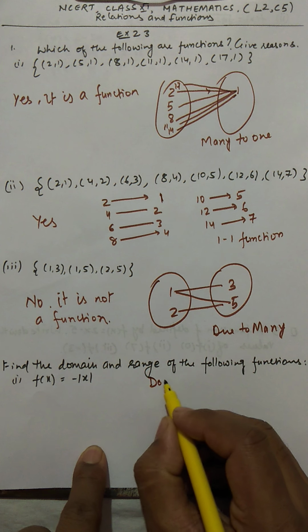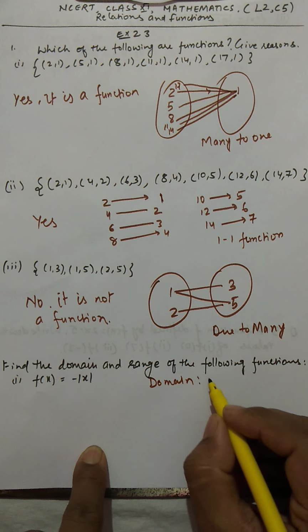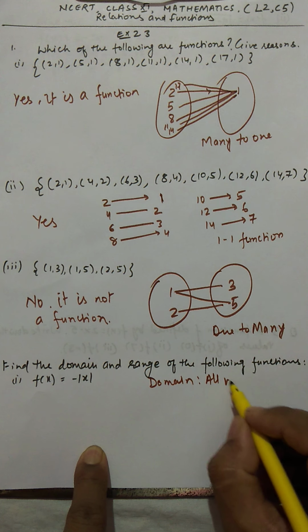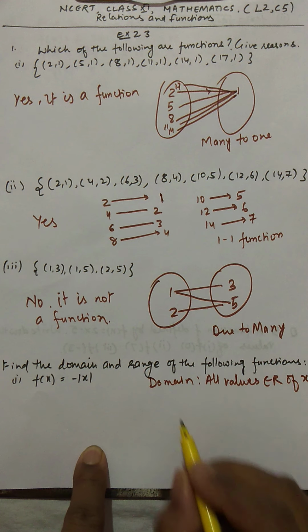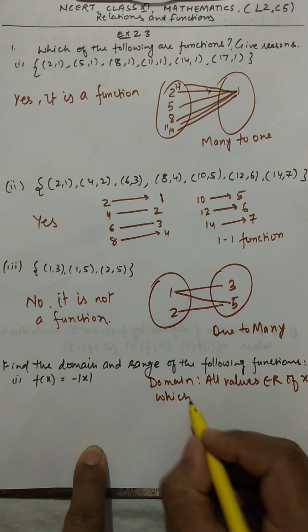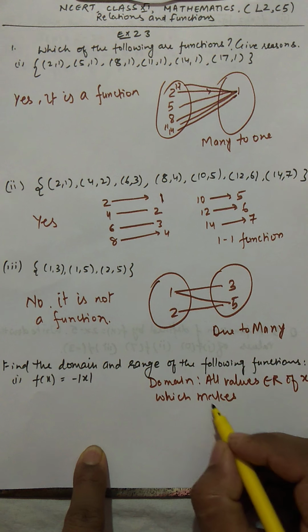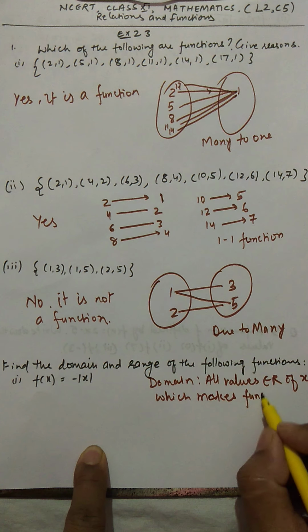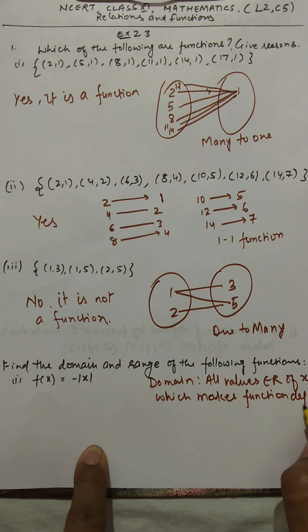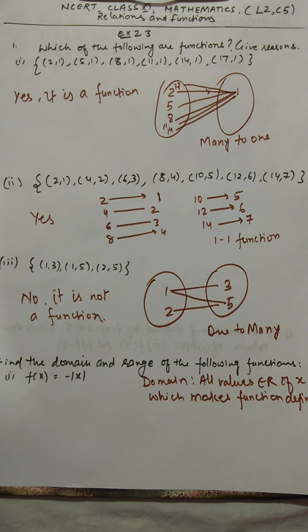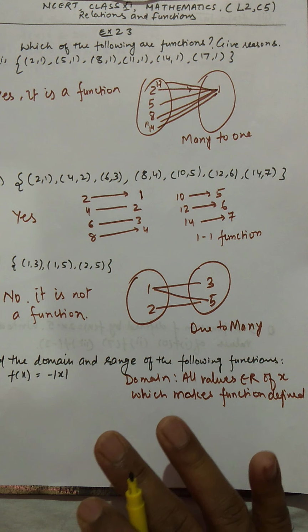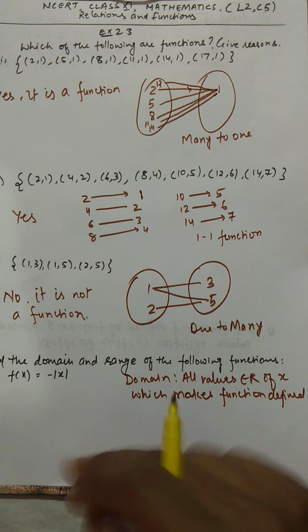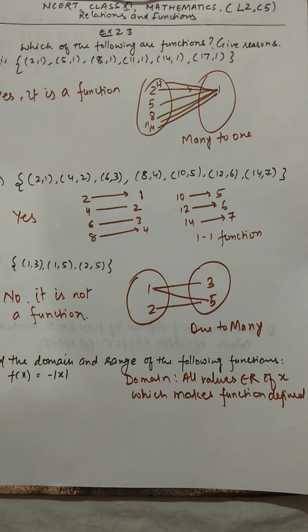I'm writing a hint here: domain, all values belonging to R of x which make the function defined. Which makes the function defined means there should be no value of x that, if you put it into the function, makes it not defined. So you have to take care while deciding the domain.